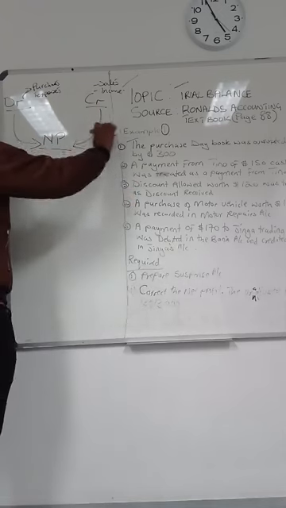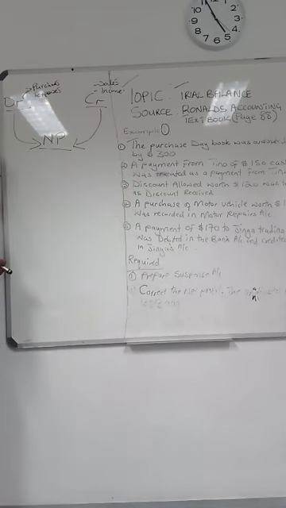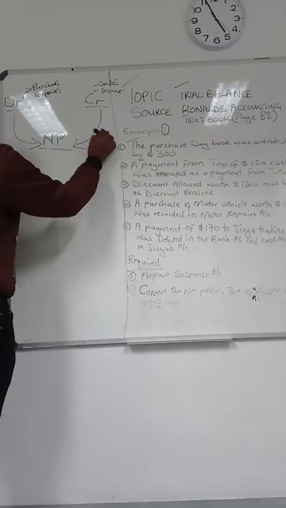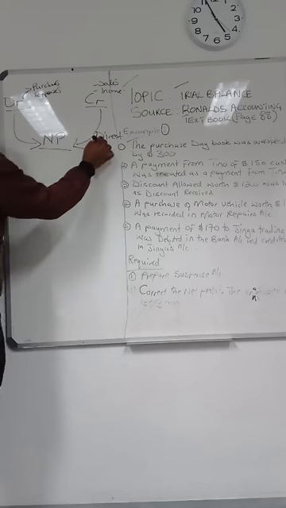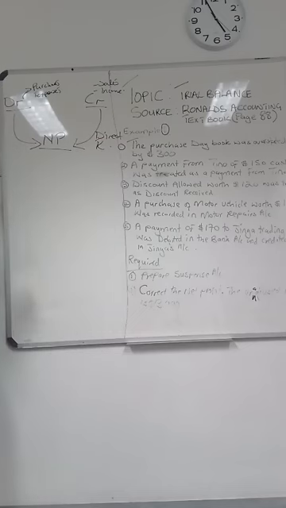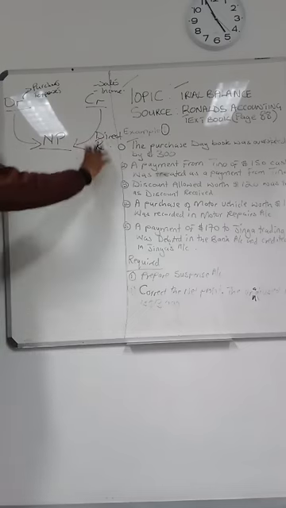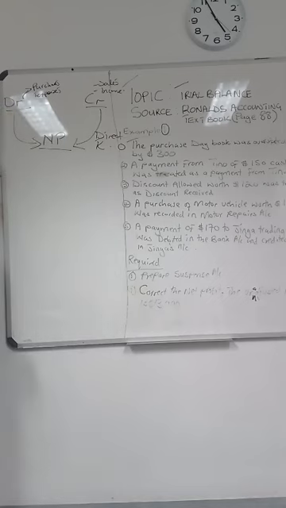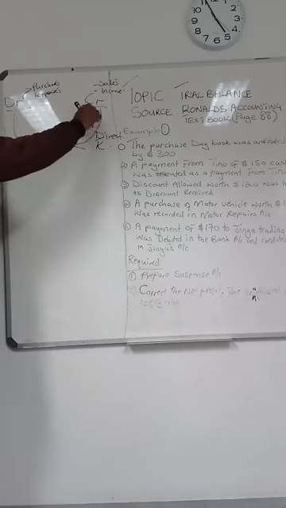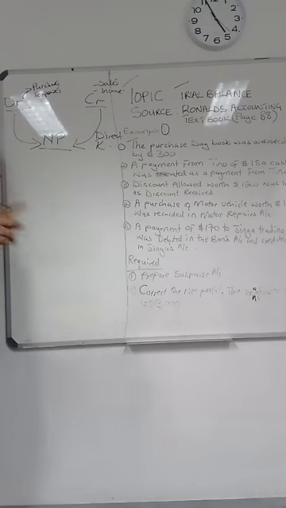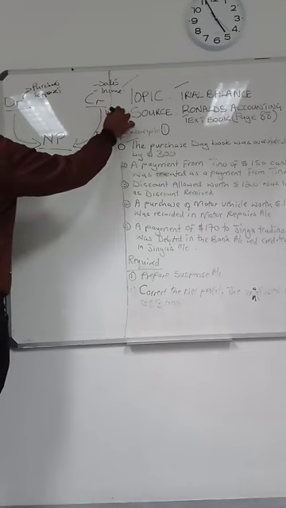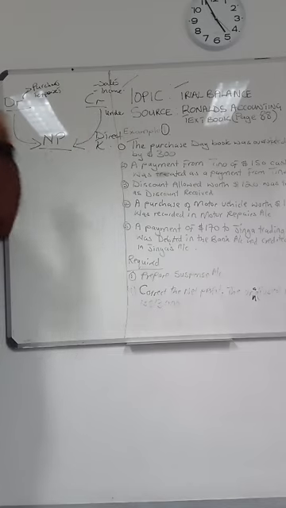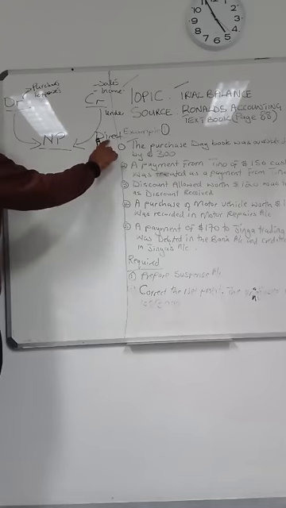So the relationship goes like this. All credit items that we put in the income statement have what we call a direct relationship with net profit. What do I mean by direct relationship? When these credit items are understated, net profit will do the same because of the direct relationship.